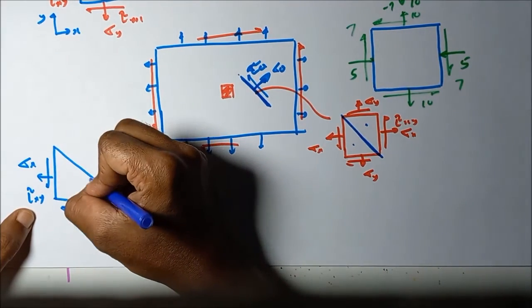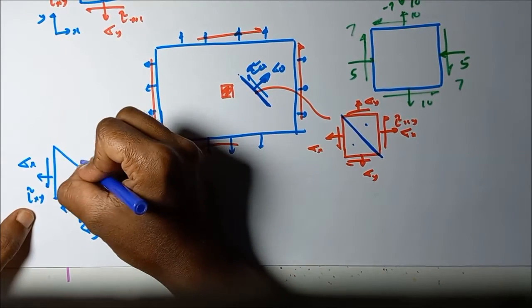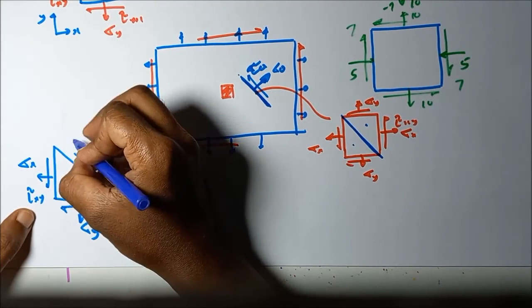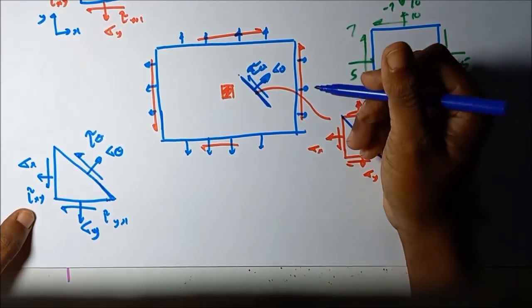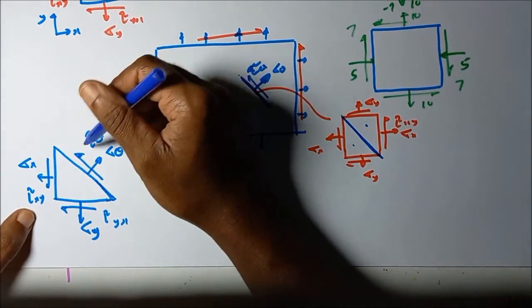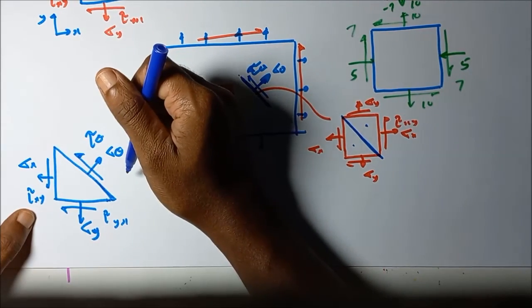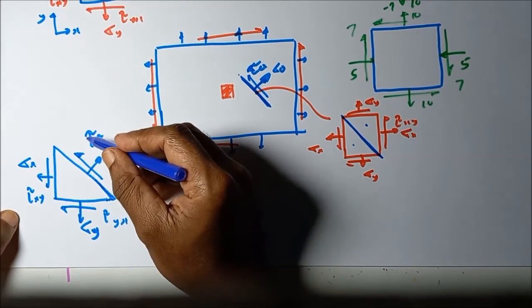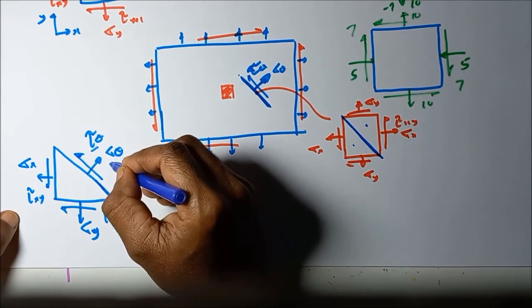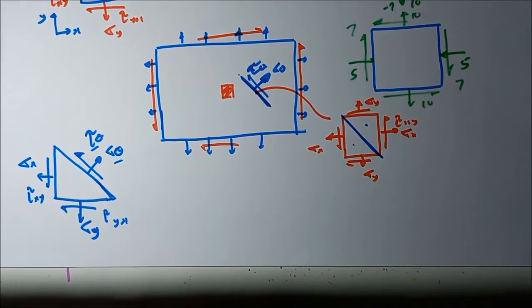The stress acting on this plane we can represent as still unknown, sigma theta and tau theta, like this. According to the positive sign convention, we are marking these stresses. Let's see how to find these two unknown stresses, assuming we know the other stresses.